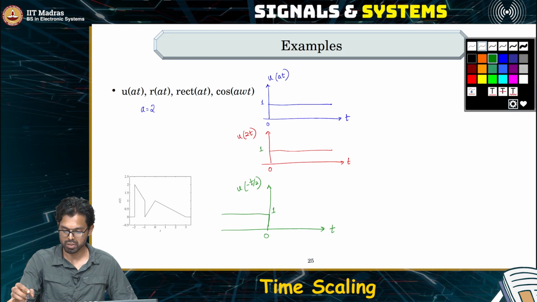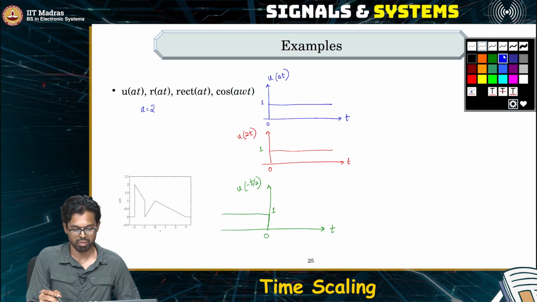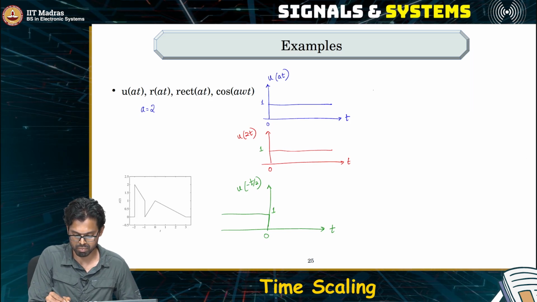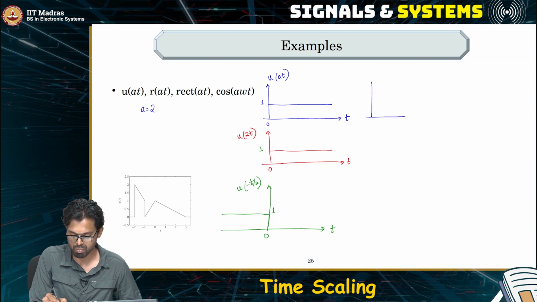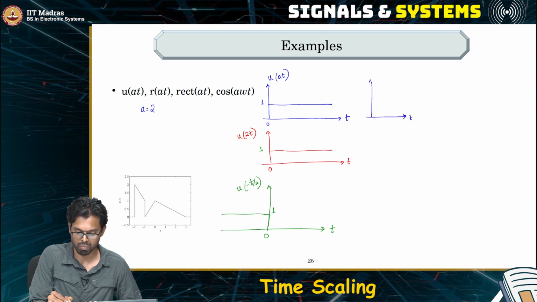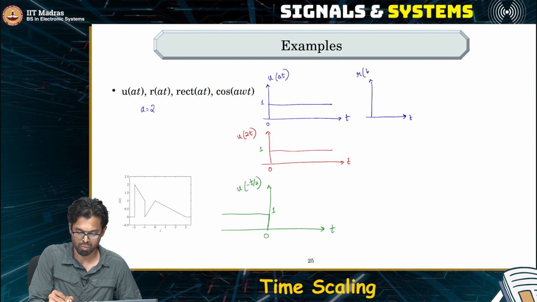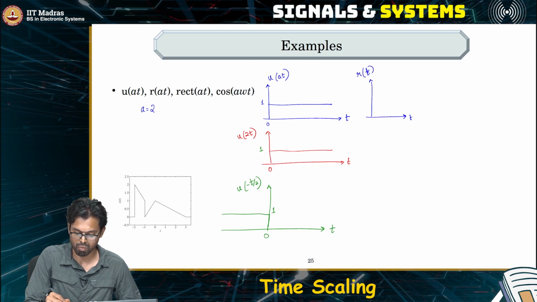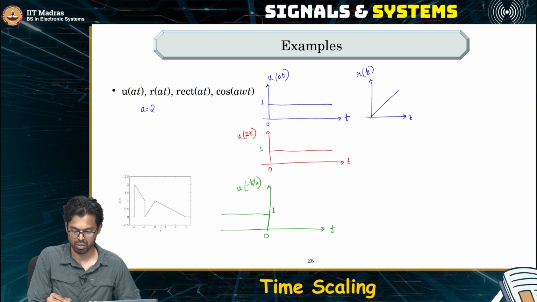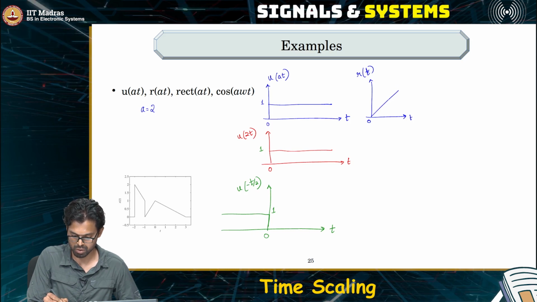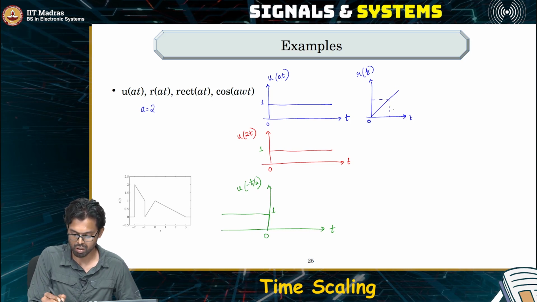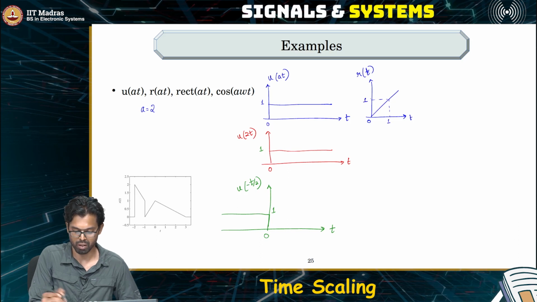Now let's see what happens for the ramp signal. This is 0, and at 1 we have 1.